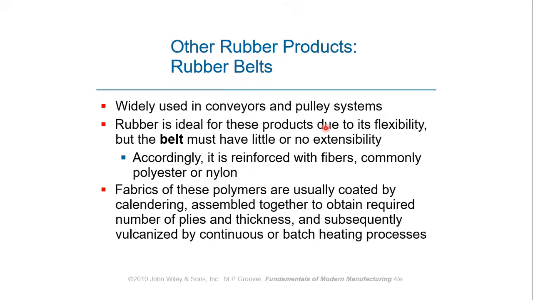Rubber is ideal for these products because of its flexibility, but the belt must have little or no extensibility. If the belt extends a lot, then it will loosen up, and that will not actually give you the proper service. So hard rubbers are used for manufacturing belts.